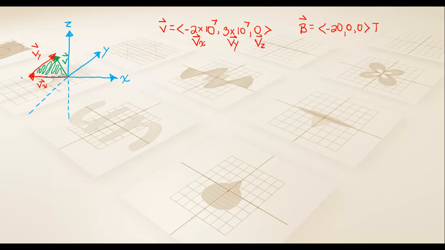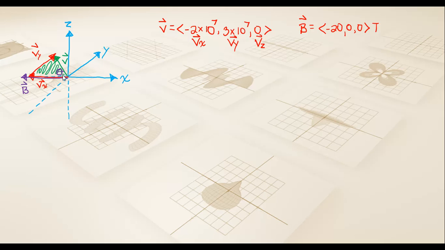So it would also point in this direction here. B. And what I want to know is the angle between the velocity vector and the magnetic field. So it's this angle theta that I want to calculate here.